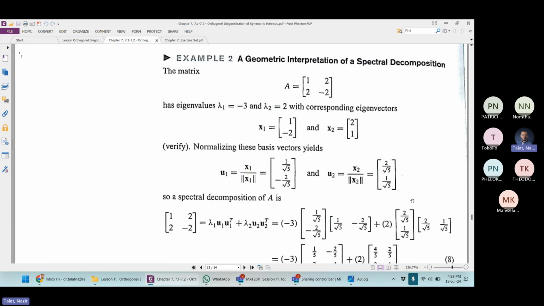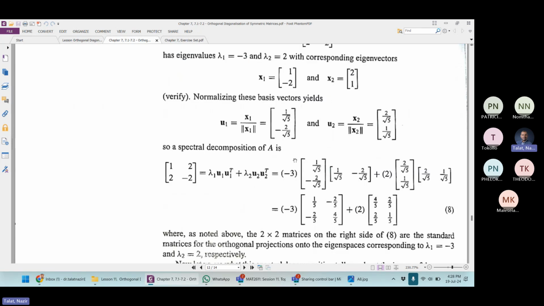If you multiply lambda 1 u1 with u1 transpose, plus lambda 2 u2 with u2 transpose, these are the eigenvalues, -3 and 2, that will come here. If you multiply them, you will get some square matrices. So these are the matrices we obtain over here, and this is the spectral decomposition of the given matrix.